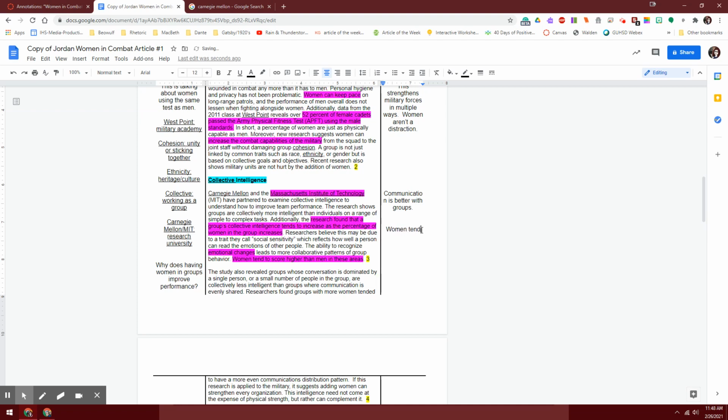And then I'm going to think out loud for a minute, and I'm going to say women tend to be, this is not the end all be all. There are a lot of men who are good at emotions. There are a lot of women who are not, but they're just saying in general, women tend to focus on emotions, which can help improve communications.